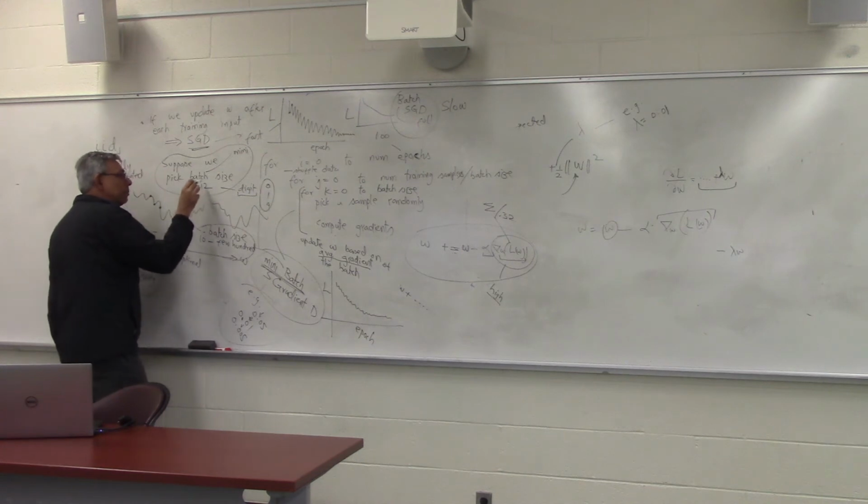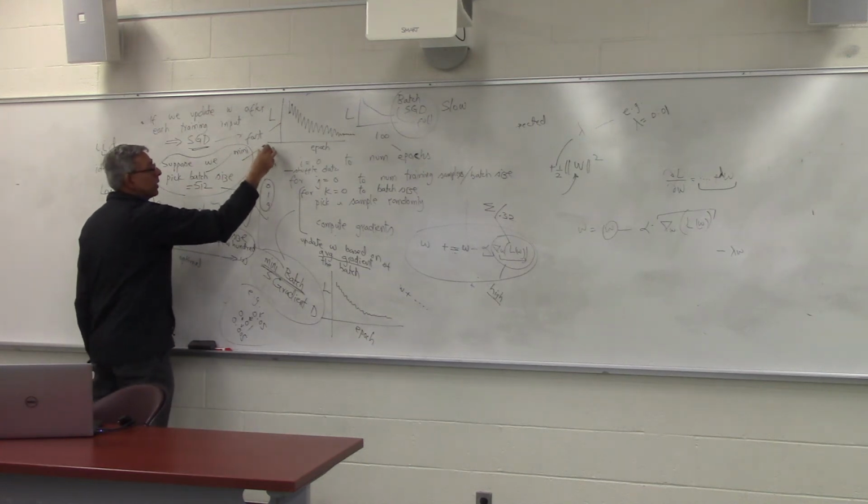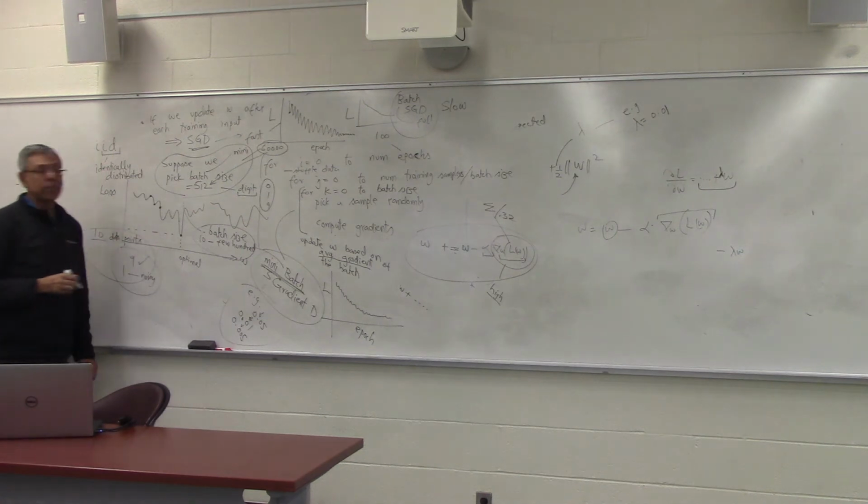So we have 60,000 training data total, and we randomly pick 512 out of that to make a batch.